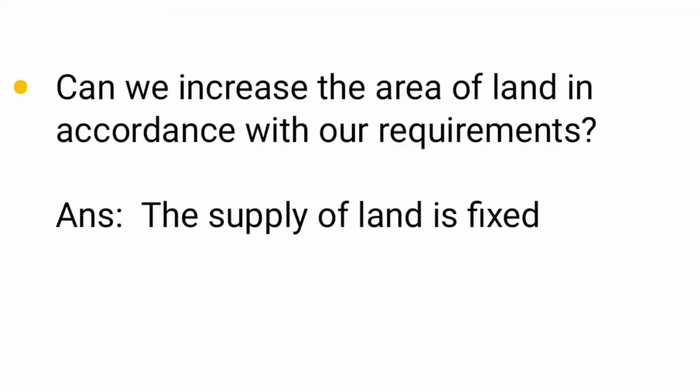The second question is, can we increase the area of land in accordance with our requirements? The answer, the supply of land is fixed. We can't change or increase the area of land as we wish.